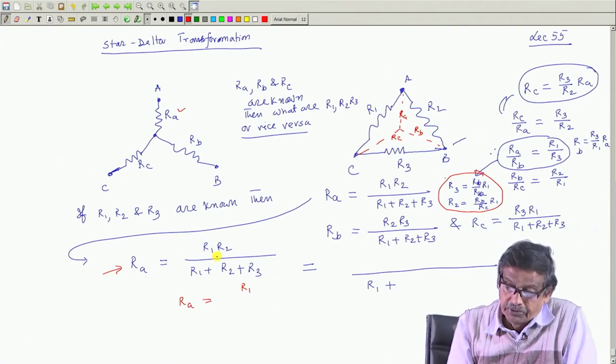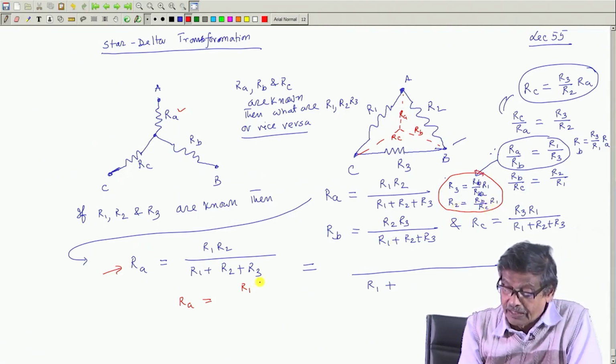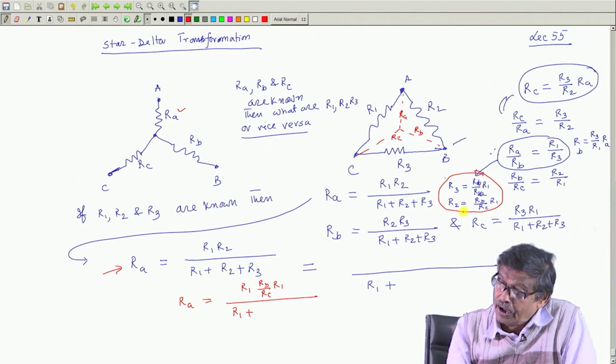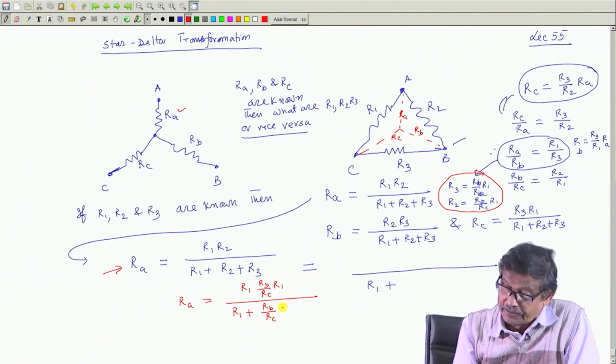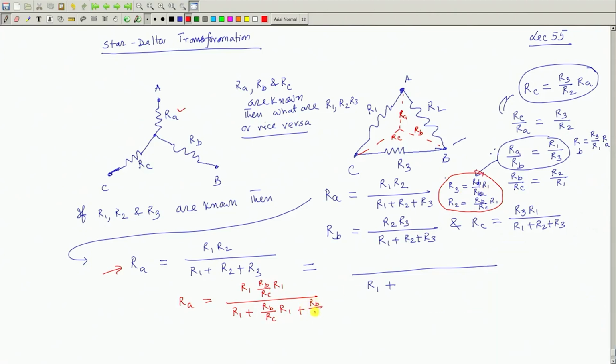So, I will be able to express R1 in terms of RA, RB, RC. So, R1, and for R2 I will write RB by RC into R1, divided by, this R1 is there, plus for R2 I will write RB by RC into R1, plus R3, but for R3 I will write RB by RA into R1, like this.